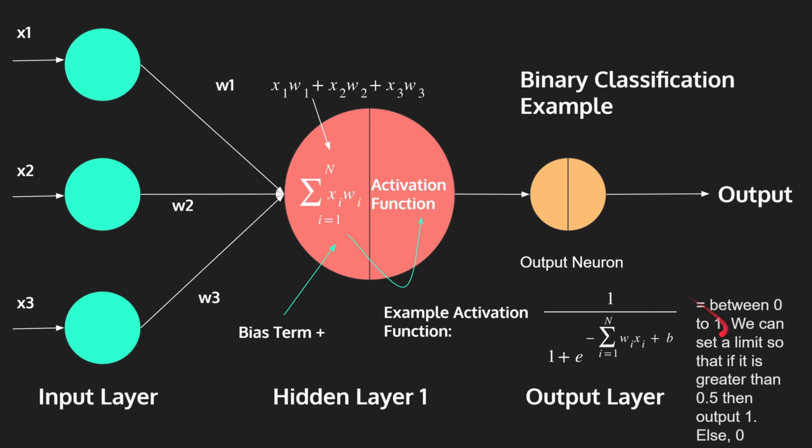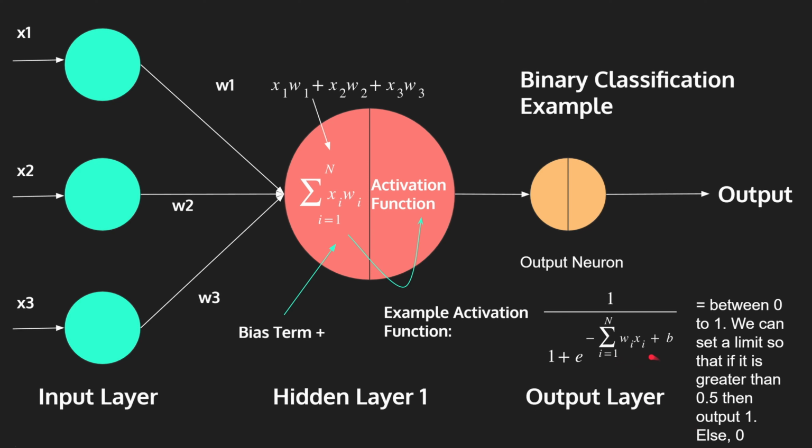And this basically outputs a value between 0 and 1. So we can set a limit, for example, if the value we get after inputting into this activation function is greater than 0.5, sorry, then we should output 1, and otherwise we should output 0, right?